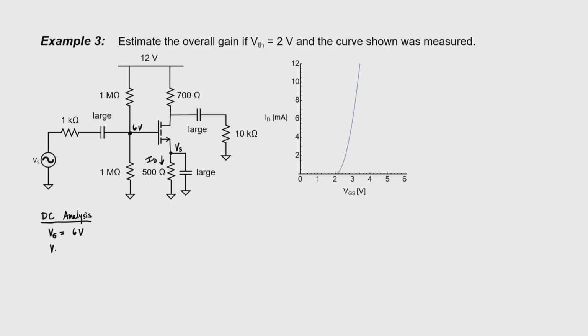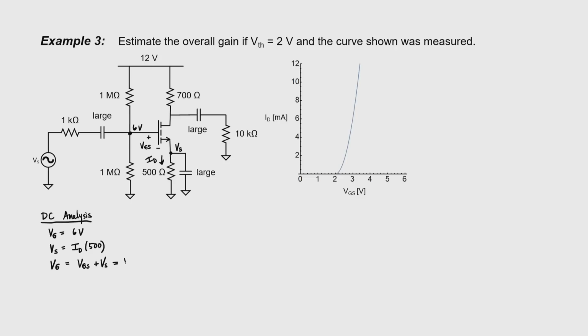And through Ohm's law, I know that the source voltage is the drain current times 500 ohms. I know that my gate voltage is going to be VGS higher than my source voltage. I'm not going to assume that it's exactly at threshold in this problem because I'm trying to be a little bit more accurate now.